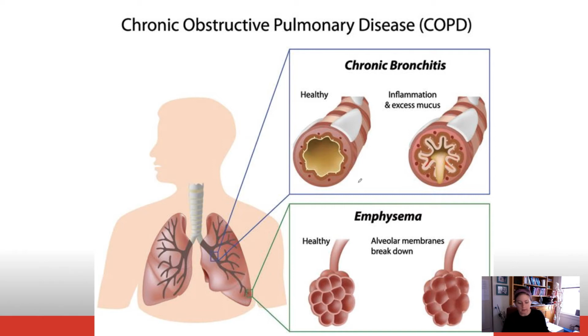Okay? So a couple things with this. We have two types of lung pathology, and I've got these spelled out in your lab outline. So one of them is obstructive, and one of them is restrictive. And so lung diseases can fall into either one of these categories.